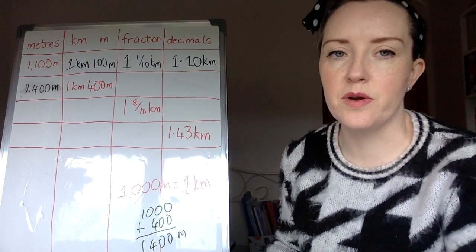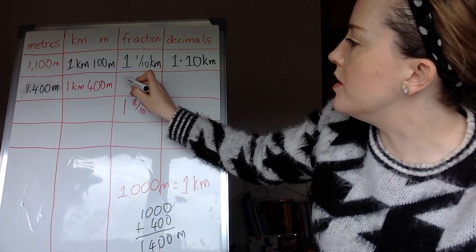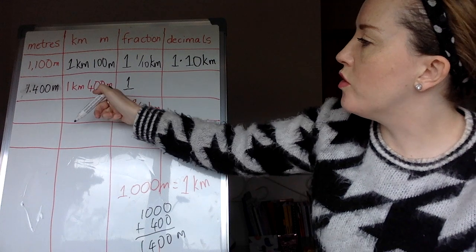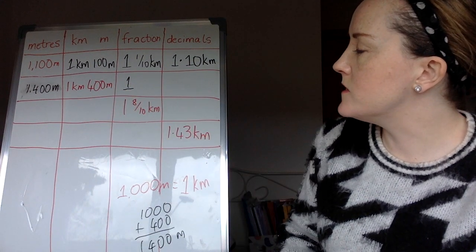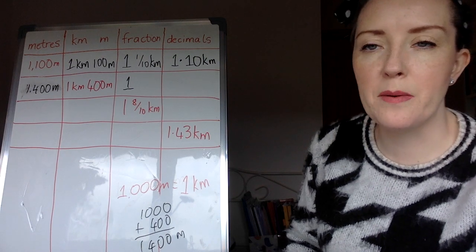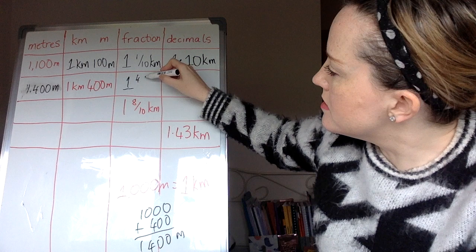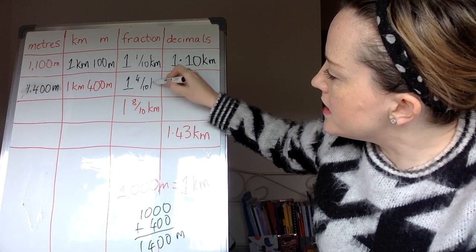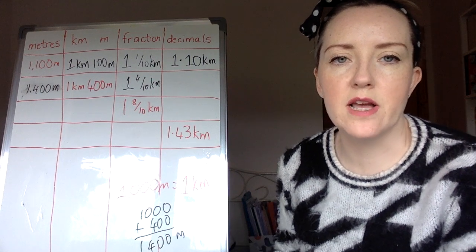So here I go with this one, okay? So I have my full 1 kilometre, so I have 1. I must put 400 over 1,000. So what would that be equal to? Very good. That's 4/10. 4/10 kilometres. Okay? 1 and 4/10 kilometres.